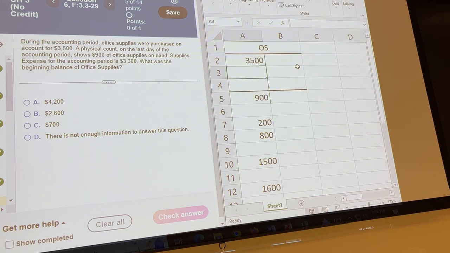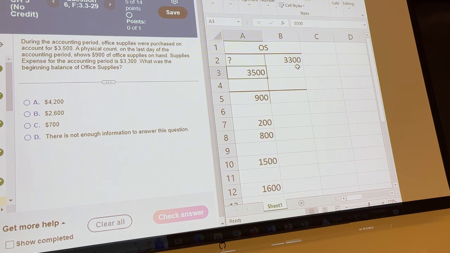Supplies expense, which would be a credit, so that's 3,300. I'll move this 3,500 purchases down a line. So what we want to know is what was our beginning balance.